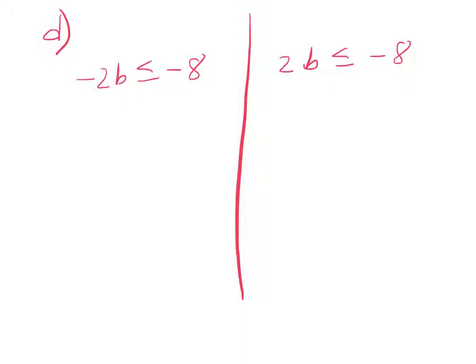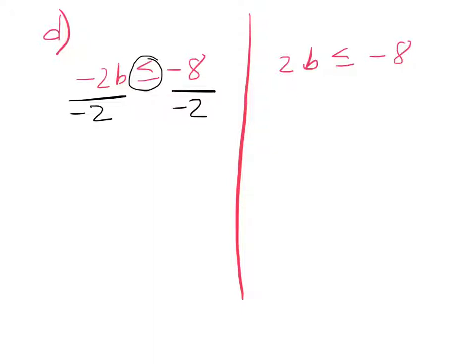On the left side, I will divide by negative 2, divide by negative 2. Stop right there. Think about this. I divided by a negative number, which is the same thing as multiplying by a negative number, and so I need to flip my inequality the other way around. Because of this negative 2 and this negative 2, I divided by a negative on both sides. I have to flip my inequality.